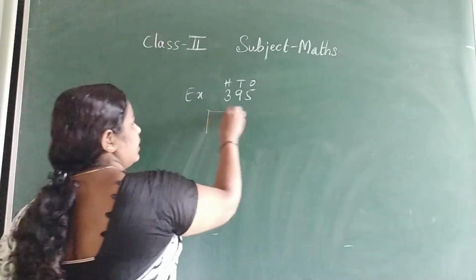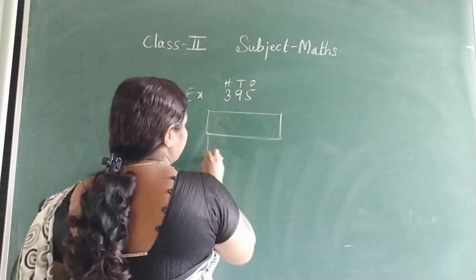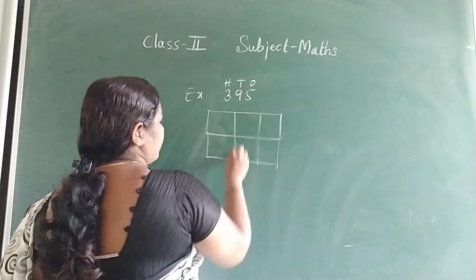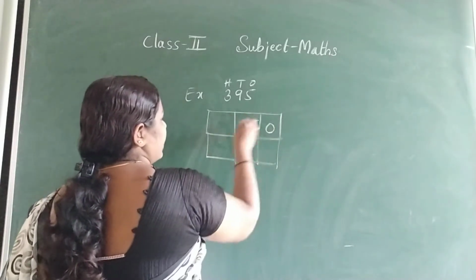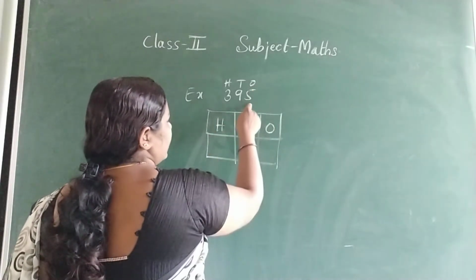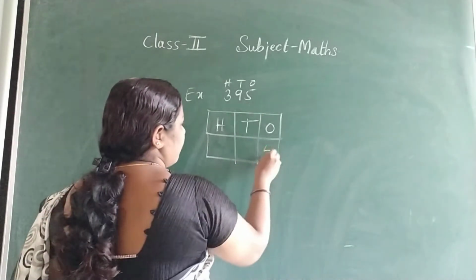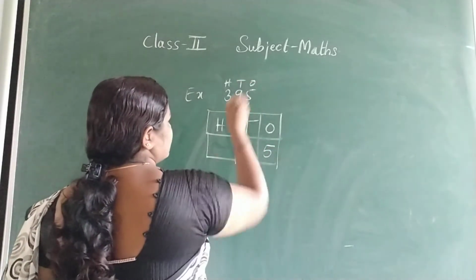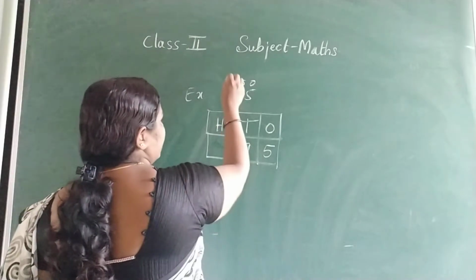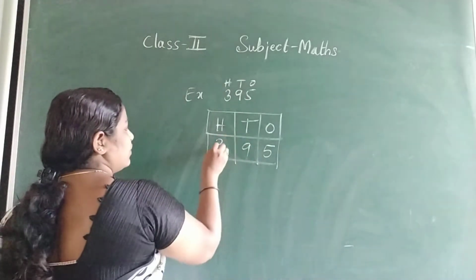We will write it in the place value chart. In the ones place is 5, the tens place is 9, and the hundreds place is 3.